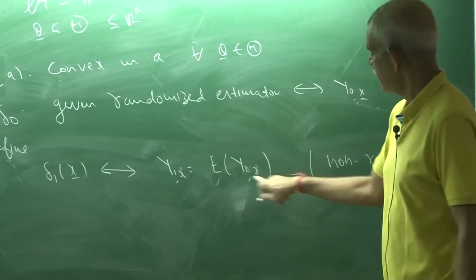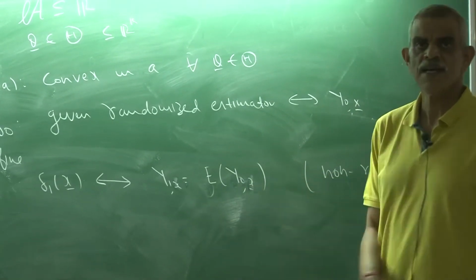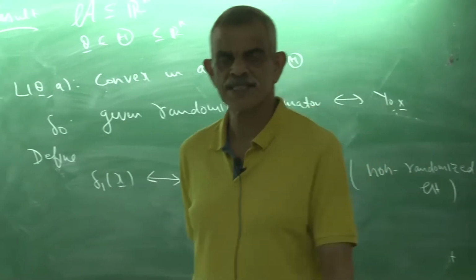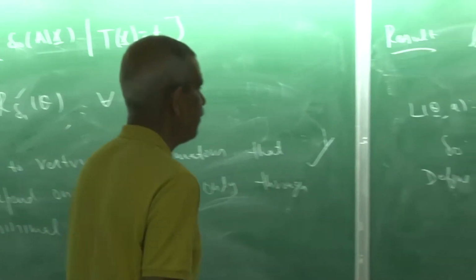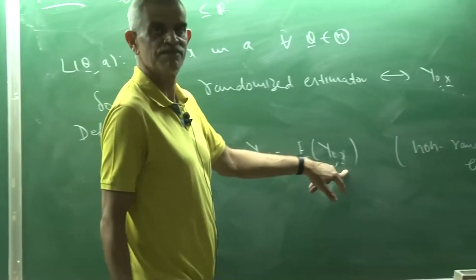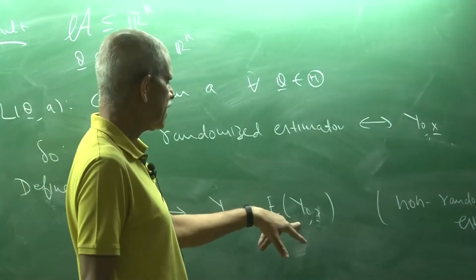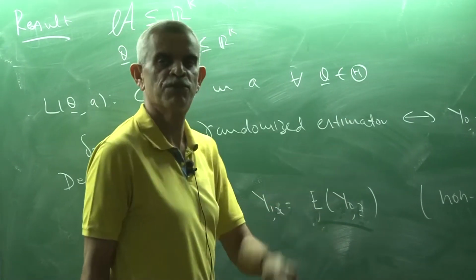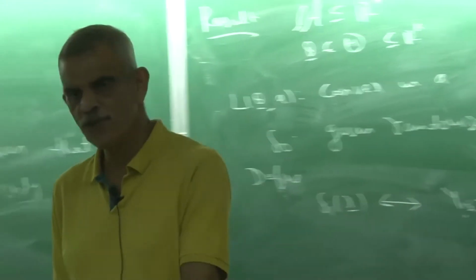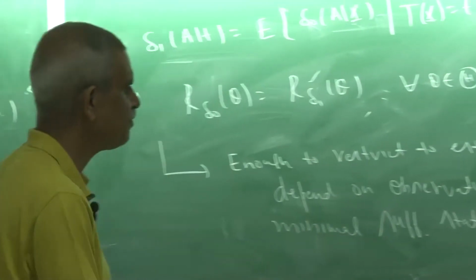Why? Because it just takes the mean of Y naught of x. There is no randomization involved, there is only x over there. So, it will only depend on x. So, here Y 1 of x takes a value, whatever this value is, you may call that a(x) with probability 1. There is no further randomization involved over here.